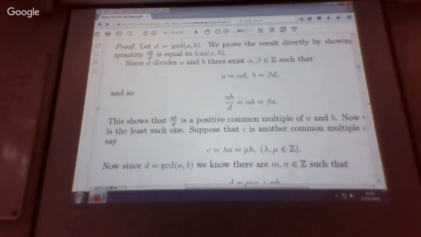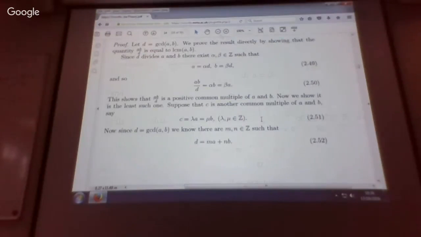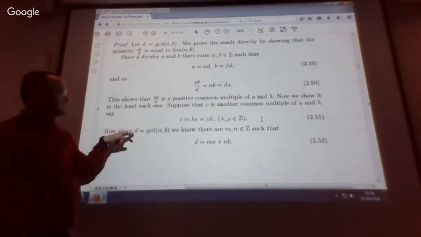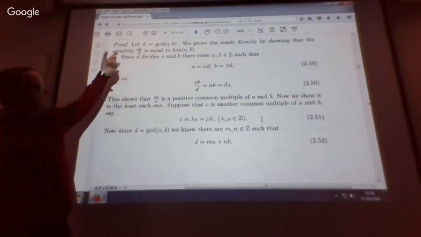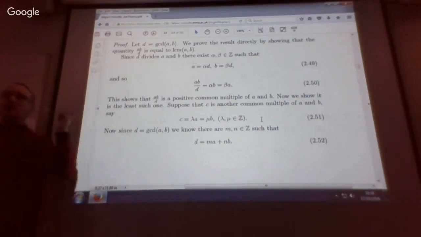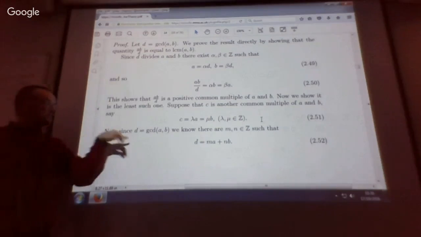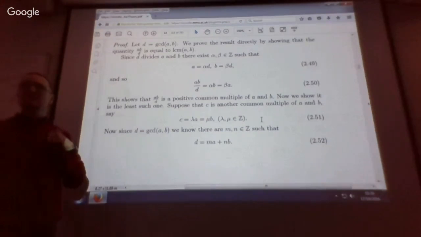And then I bring in, here is where the proof has to rely on the linear combination idea associated to greatest common divisors. Okay. So calling back to this number D, see, we've only used the property of D that it's a common divisor. Here is where we actually make use of the fact that it's the greatest common divisor.